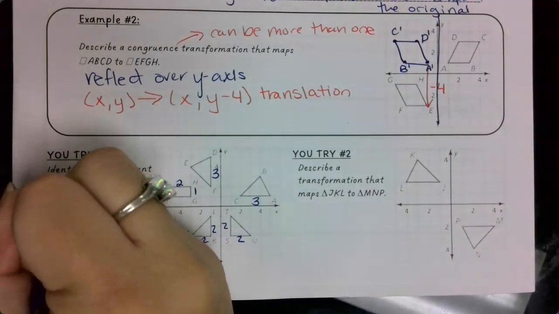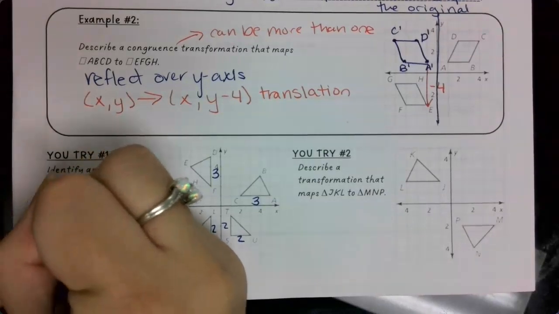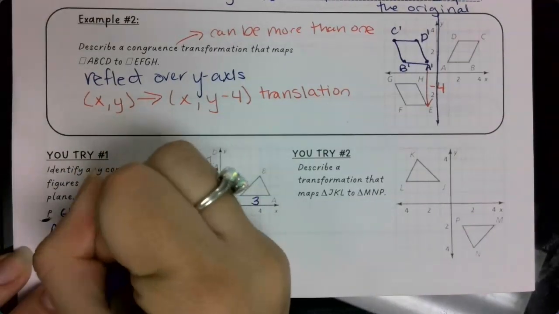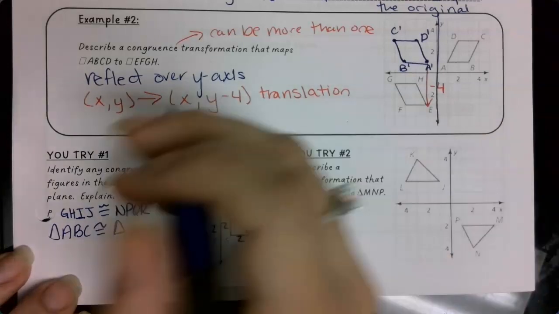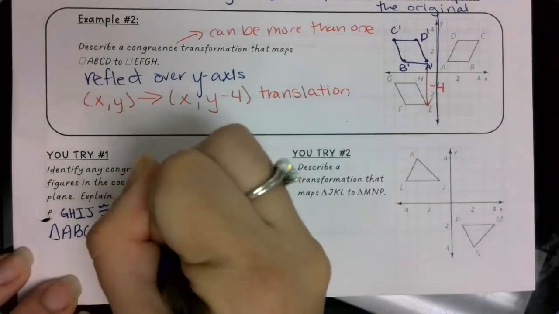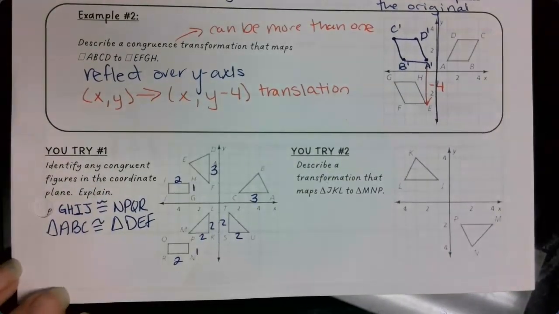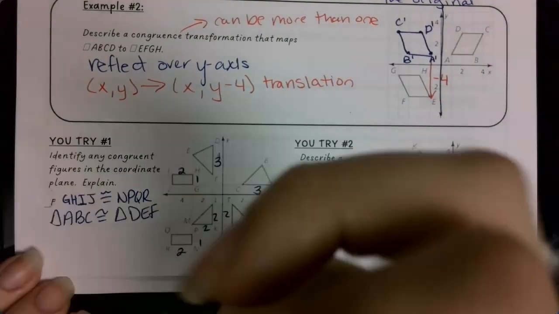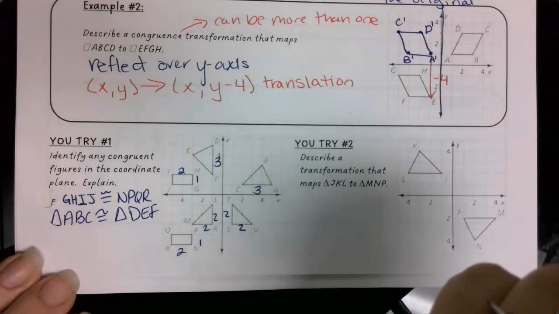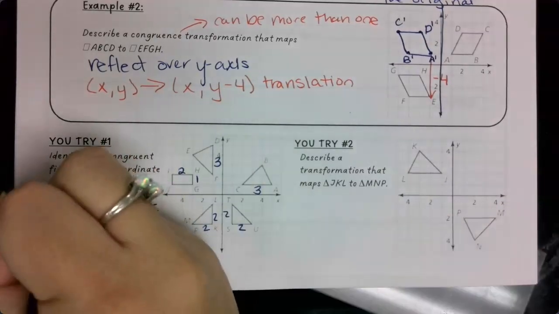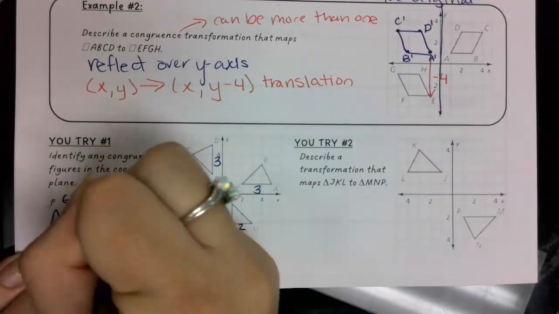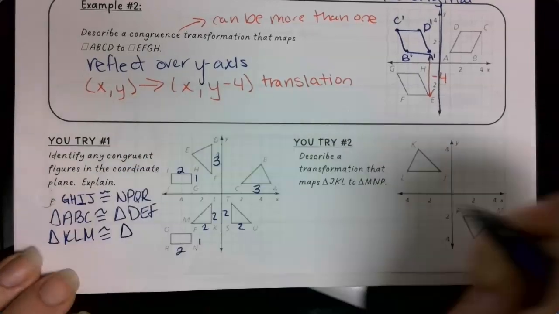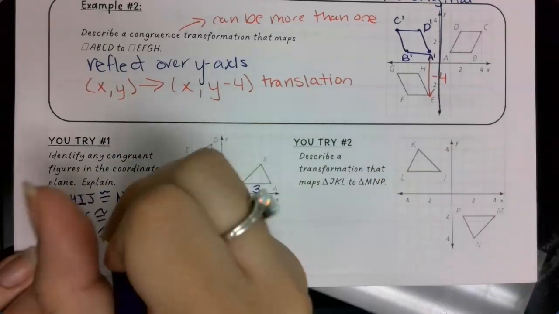So then I have triangle ABC is congruent to triangle DEF. And then I have these two triangles down here. So I have KLM is congruent to STU.